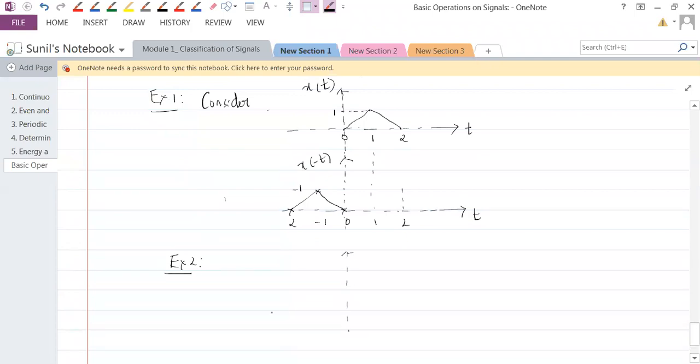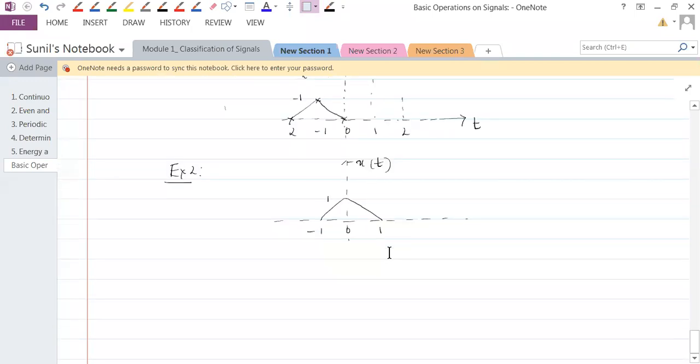What happens if I consider a signal which is there on both the sides like this, minus 1, 0, 1? Can anybody comment on this? This is your x of t. What would happen to x of minus t? Anybody, you remember this?